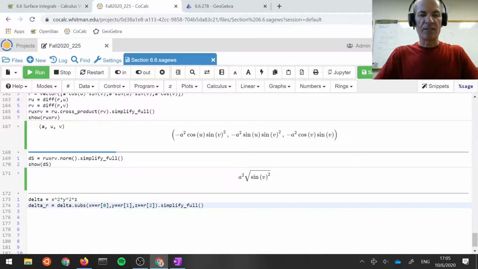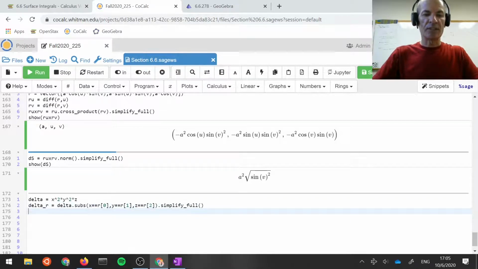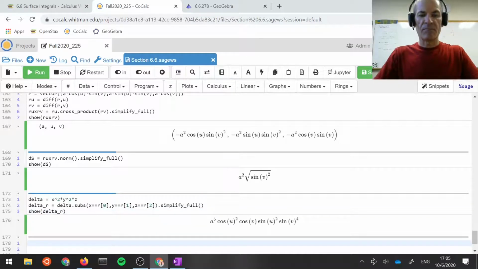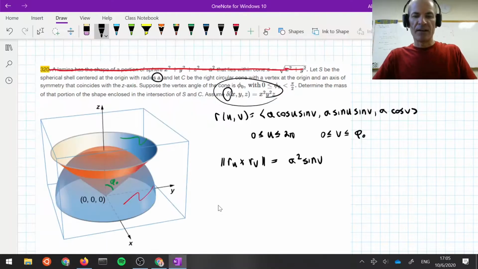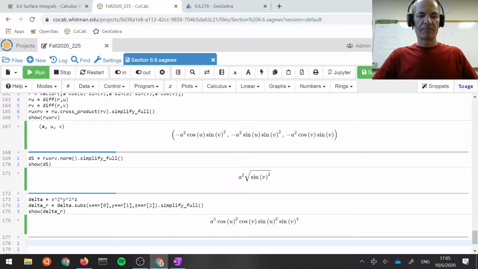So it's delta along r, and then we'll show delta of r. And there you have it, a to the fifth cosine squared u, sine squared u, cosine v. Okay, it's a train wreck. And then we could multiply that by a squared sine v.